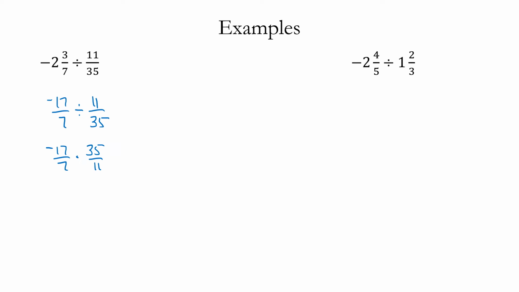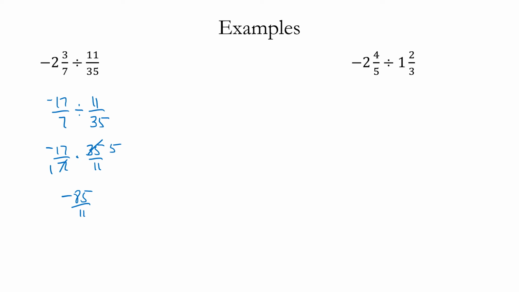Now I'm going to look to see if I can cross cancel. I know that 35 and 7 both divide by 7. So 7 divided by 7, I get 1. 35 divided by 7 is 5. Now multiplying negative 17 times 5, that's negative 85. And 1 times 11 is 11.